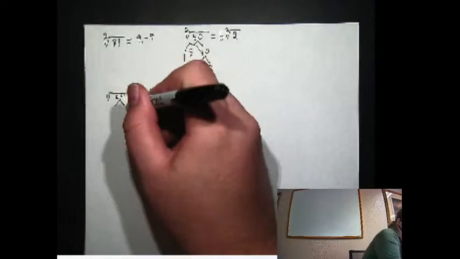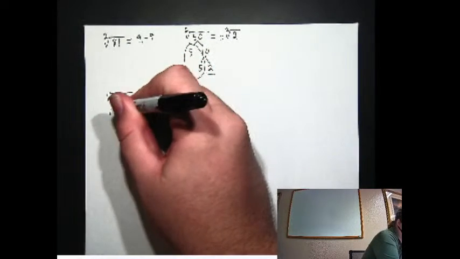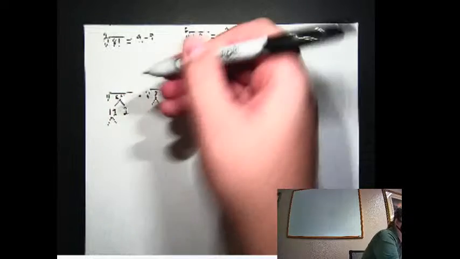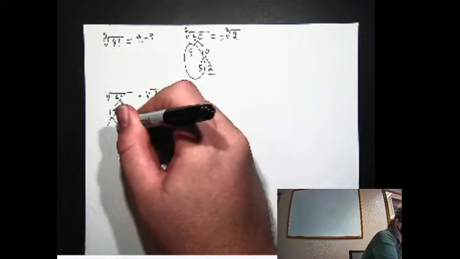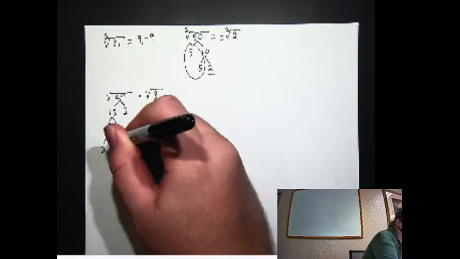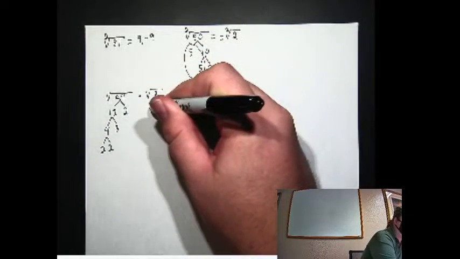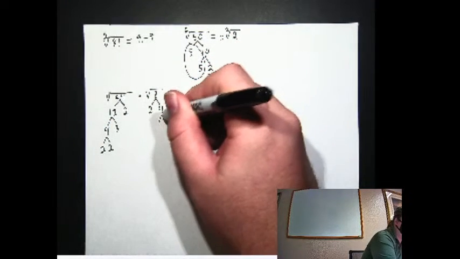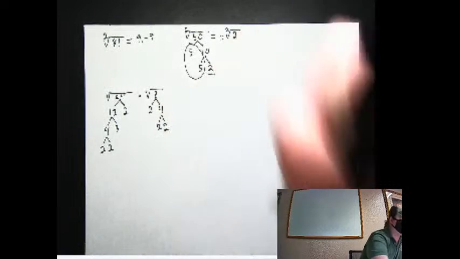So 24 we can say is 2 and 12. 12 is 3 and 4. 4 is 2 and 2. 8 is 2 and 4. 4 is 2 and 2.